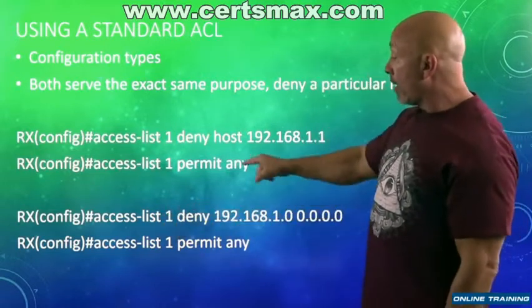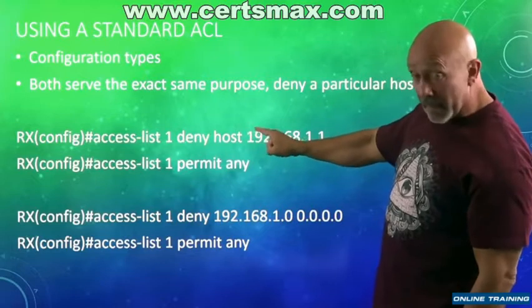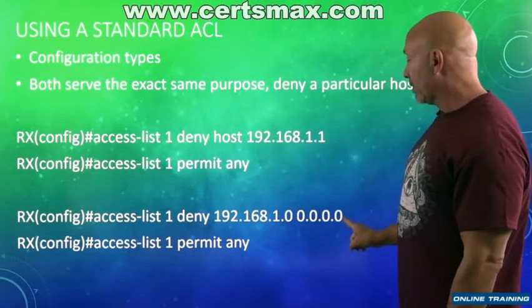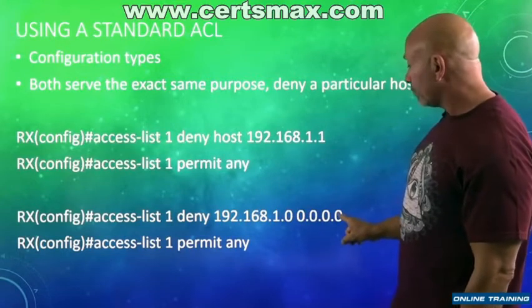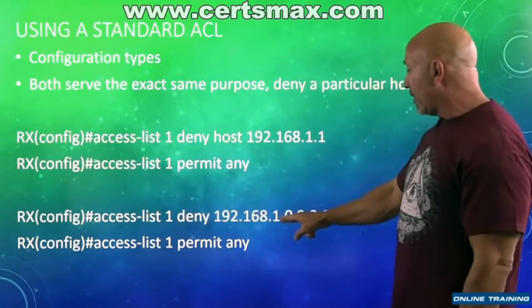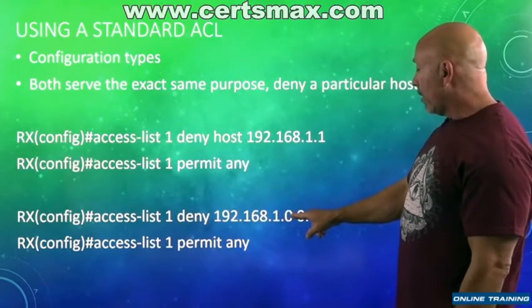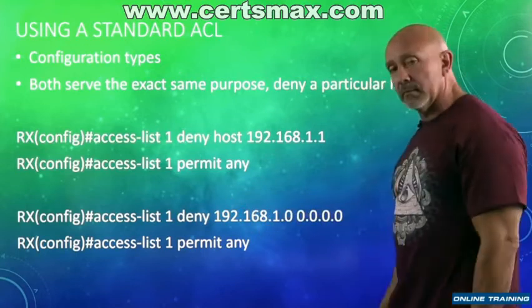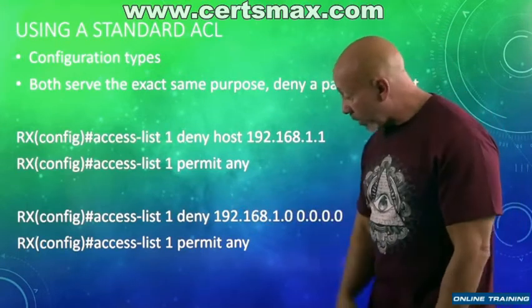Or you can write this statement by using wildcard masks. So get used to writing wildcard masks. We have access list 1, deny 192.168.1.0, 0.0.0.0. So we're matching the entire network here. We're just blocking the whole network.